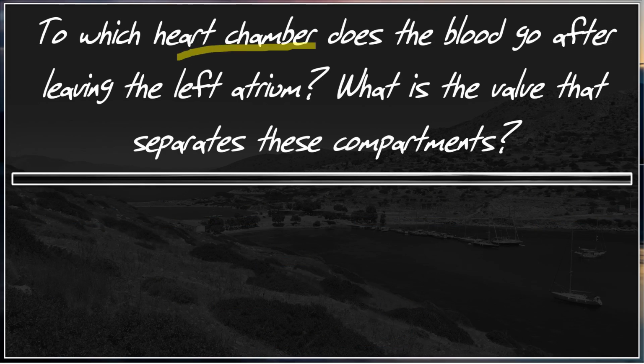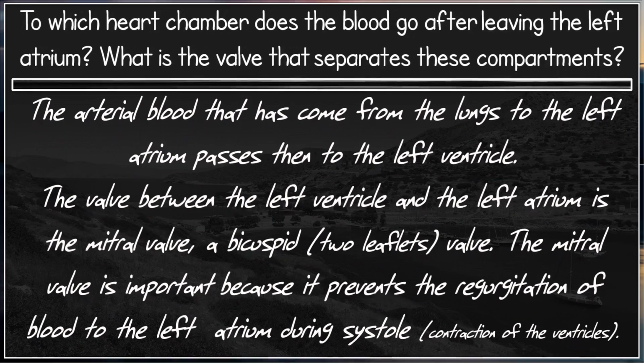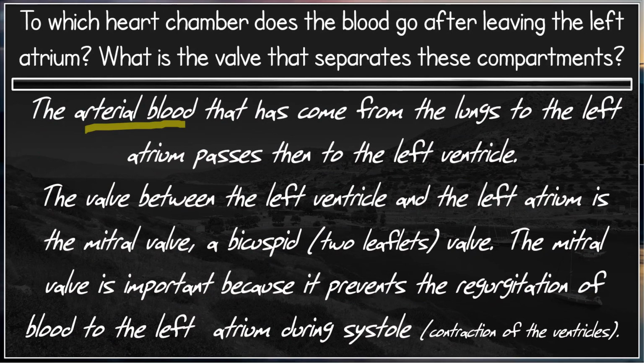To which heart chamber does blood go after leaving the left atrium? What is the valve that separates these compartments? The arterial blood that comes from the lungs to the left atrium passes to the left ventricle.